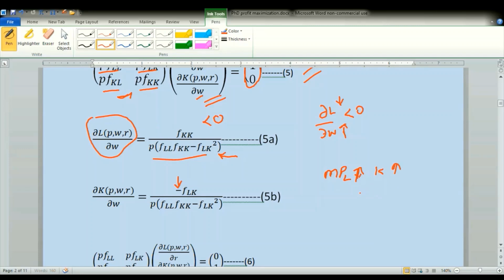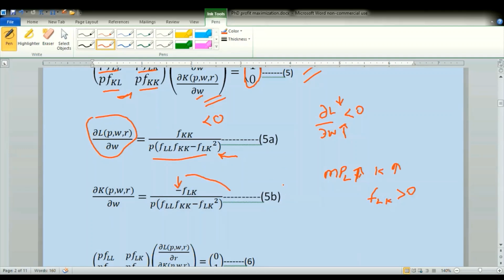If this is true, then F of LK is greater than 0. If it is greater than 0, then this minus sign will make the numerator negative, the denominator is positive, and so this will be negative.